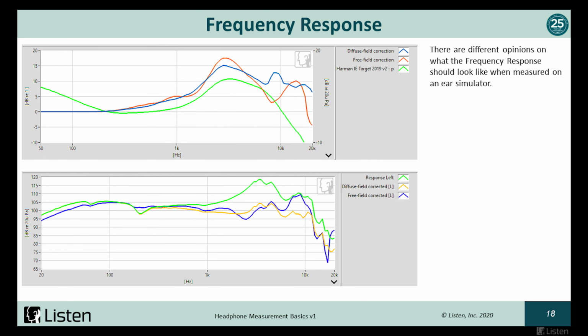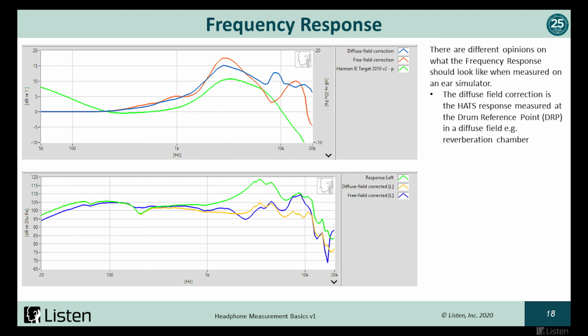So let's talk about different types of correction curves for different types of ear simulators. Now I have a frequency response of different ear simulators. I've got what's called a diffuse field correction. This is coming from B&K HATS, this particular one. And the way it's measured is literally they took a head and torso simulator and put it in a reverberation chamber and measured the acoustic response at the drum reference position.